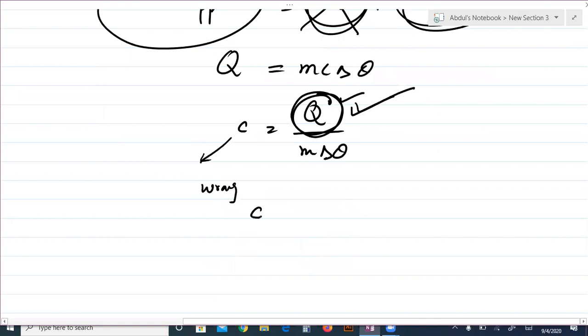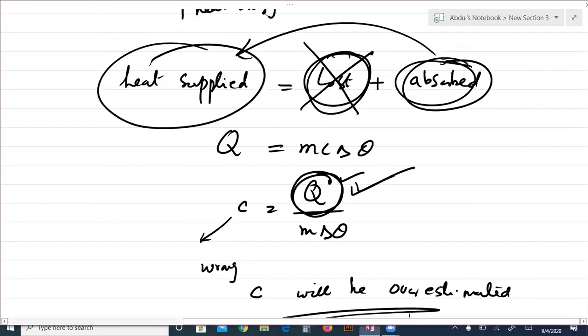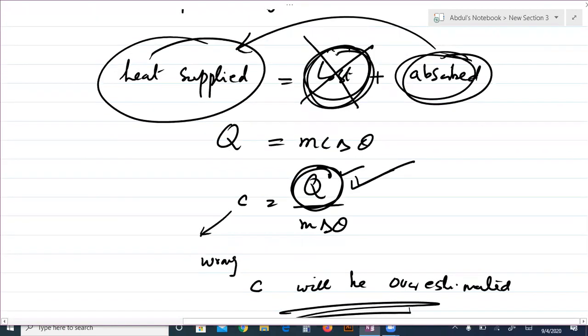So the value of c will be overestimated. The answer will be greater than the actual if the loss is ignored. Practically, less energy is absorbed.